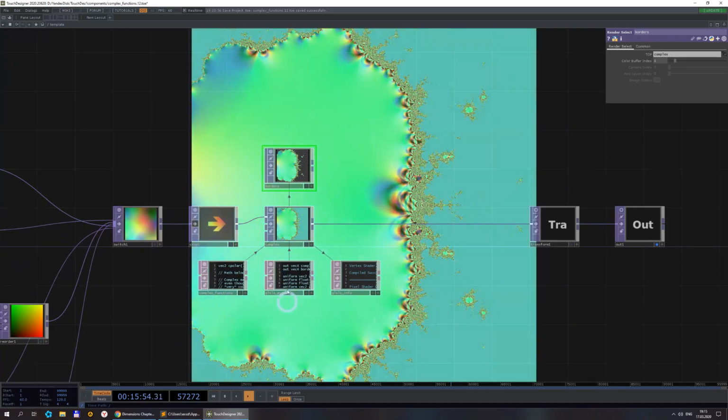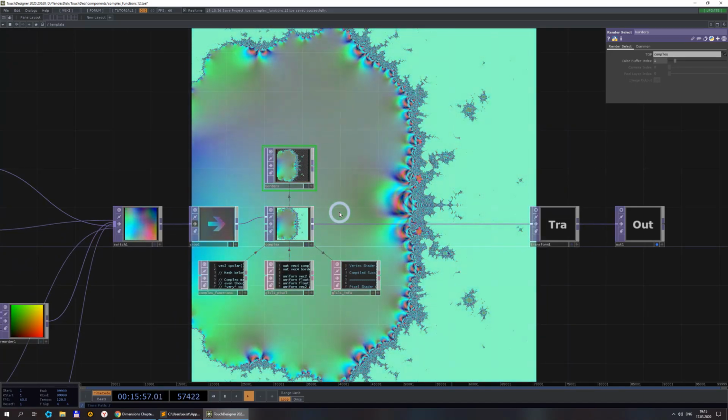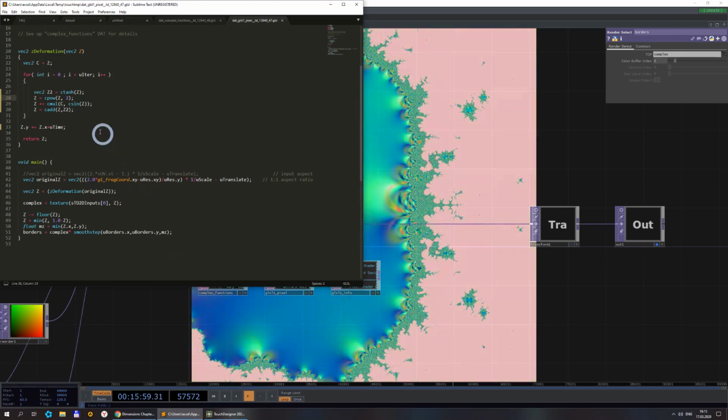So it's nice to have them both and choose whatever you prefer.